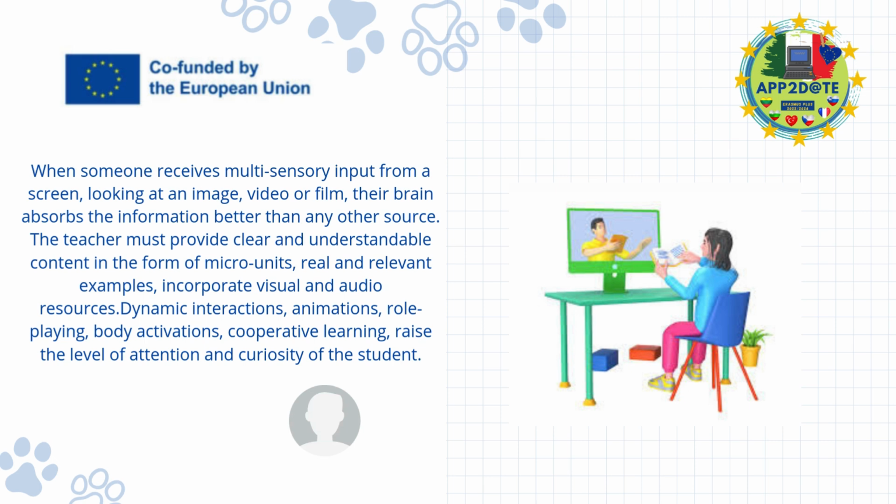When someone receives multisensory inputs from a screen, looking at an image, video, or film, their brain absorbs the information better than any other source. The teacher must provide clear and understandable content in the form of micro units, real and relevant examples.